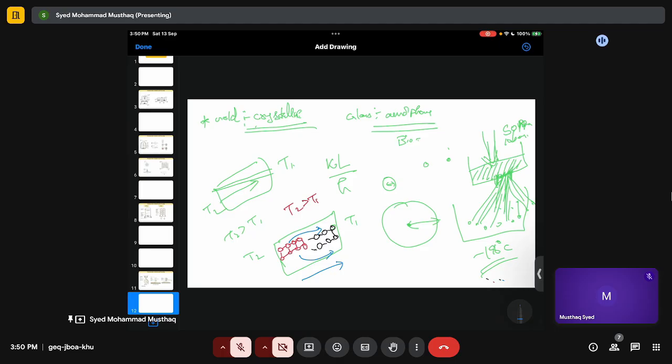Next is convection. In convection, you have free motion of atoms, like in liquids, gases, and fluids. Conduction is done, convection is done, and then you have radiation. Radiation happens without a medium, more or less in wave packets.